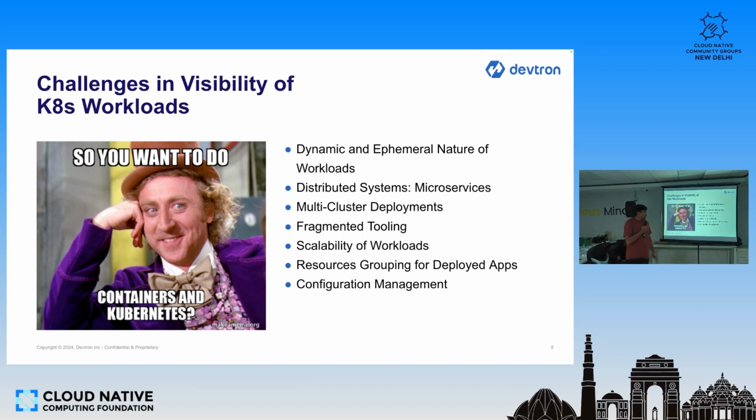First, the dynamic and ephemeral nature of workloads. In Kubernetes, if your pod is failing, a new pod will come up in its place, and you will not have any audit log for which pod came up. If you have 50 DevOps people and someone deploys anything, you will not have any trace of who deployed it, when they deployed it, or what the status of the deployment was.